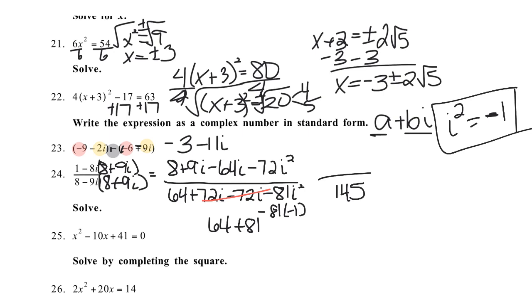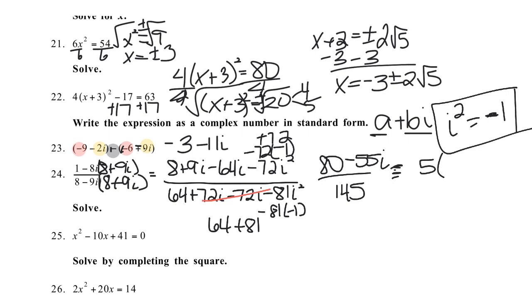And 64 minus 9. This becomes negative 72 times negative 1, which becomes plus 72. So 8 plus 72 is 80. And 9i minus 64i is negative 55i. And then we can divide everything by 5. We can simplify. So another way to think of it is we're going to factor 5 out of the top.